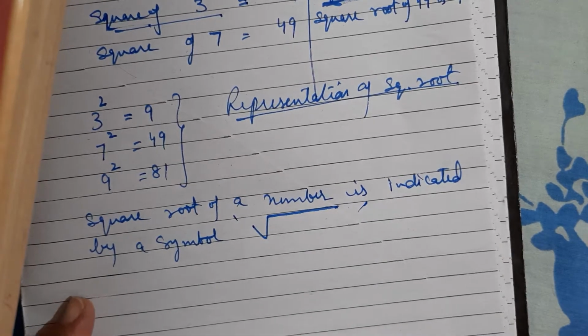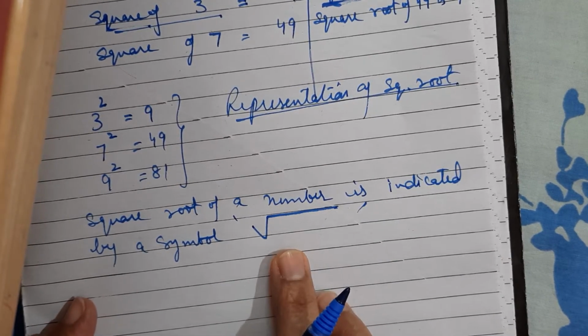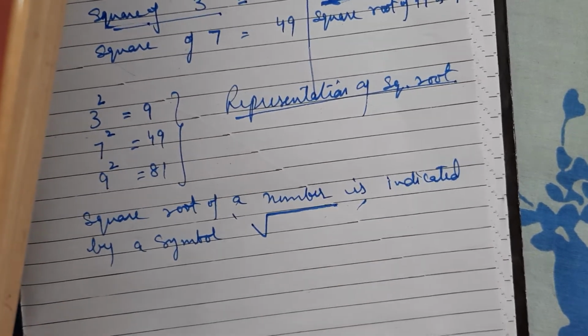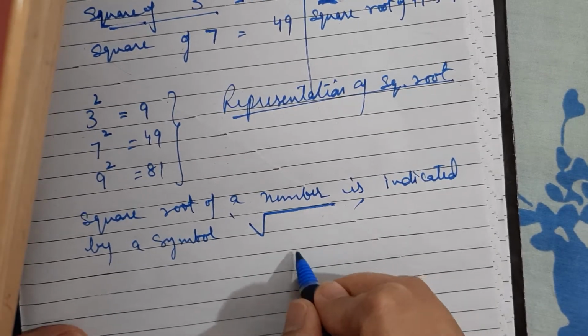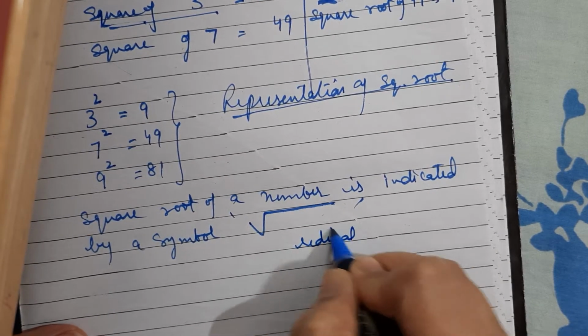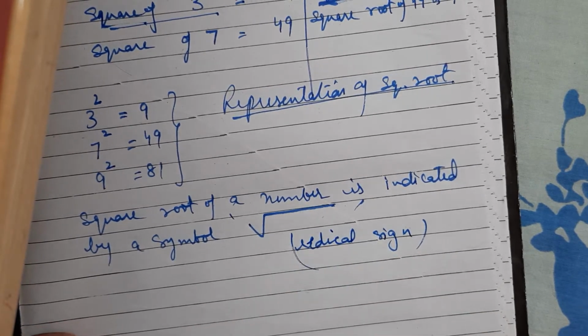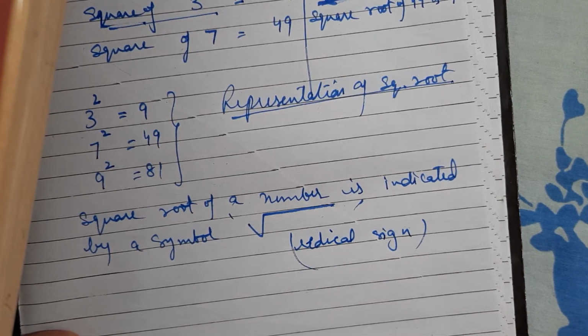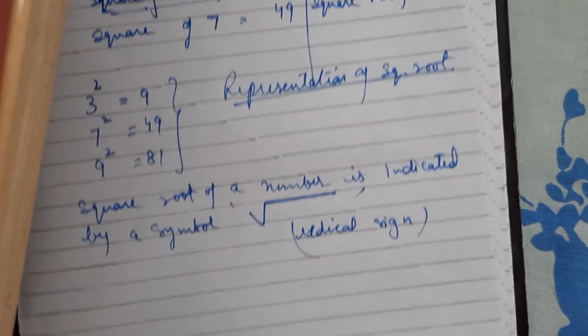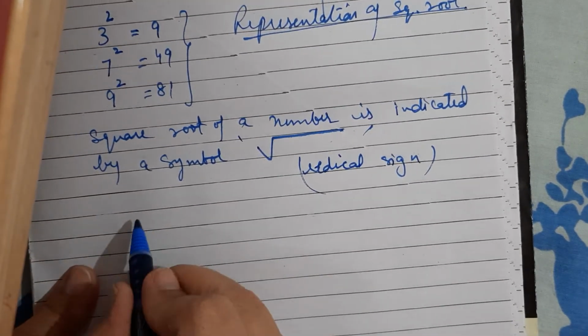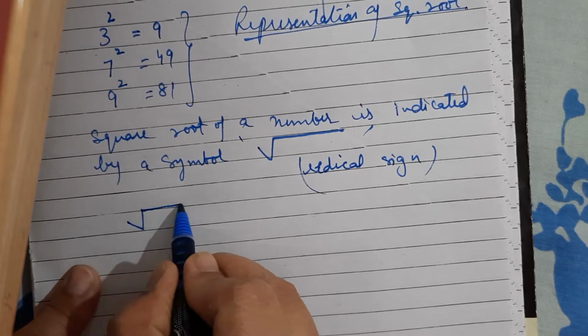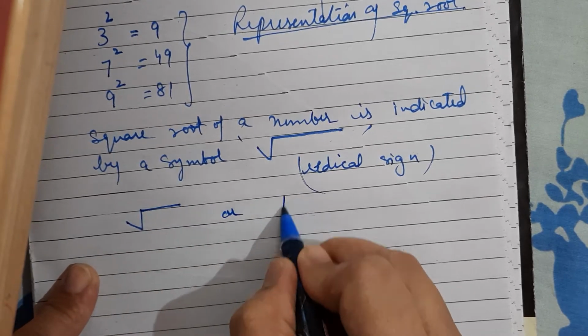So we have to write the particular number inside this symbol, and this symbol is also known as radical sign. This is radical sign, right? So this is square root.